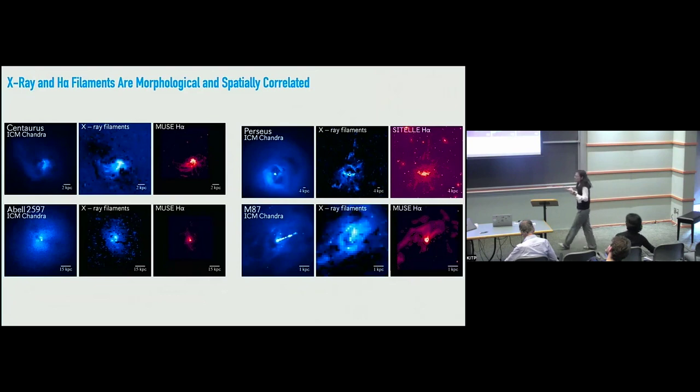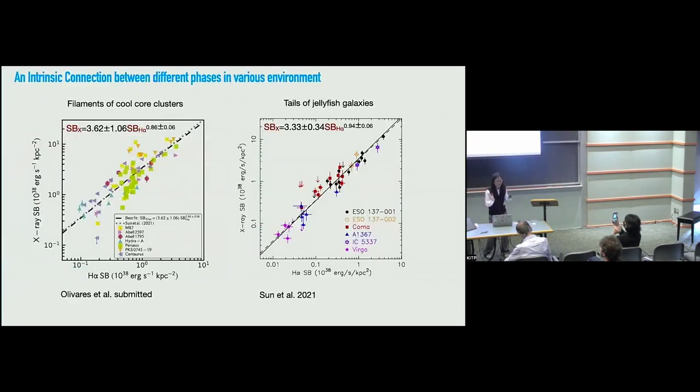Now we can refine this plot of X-ray surface brightness versus H-alpha surface brightness, and this is what we got. I plotted it together with the observations people obtained from the jellyfish tails, and it's so beautiful. Not only are both of them correlated, they also follow almost exactly the same slope.